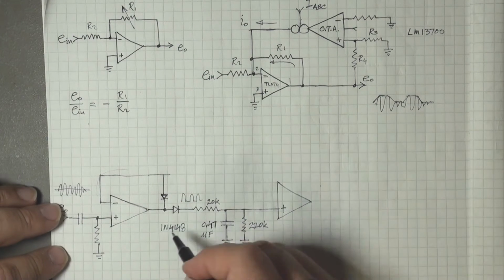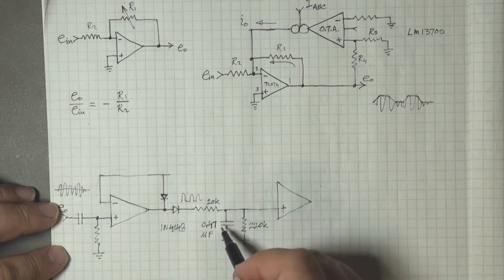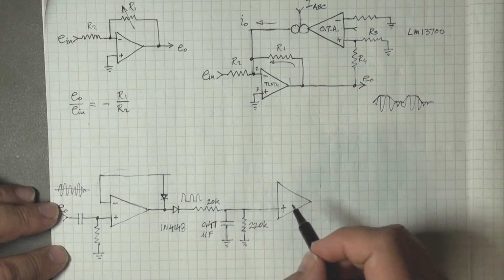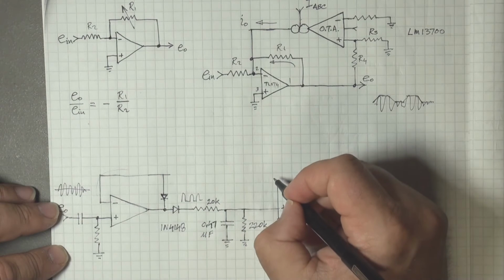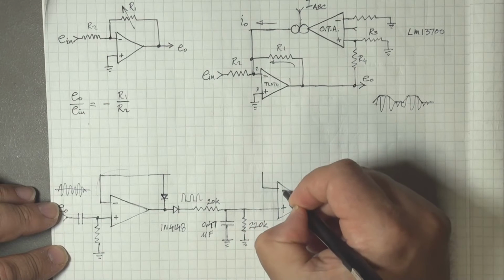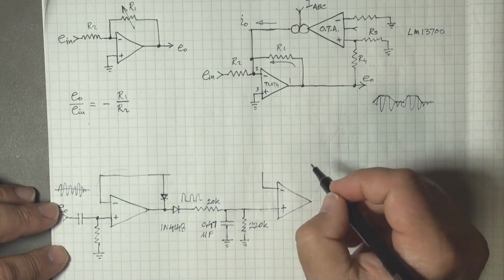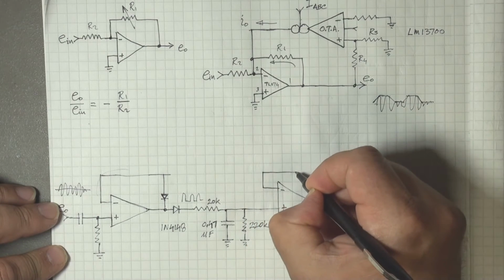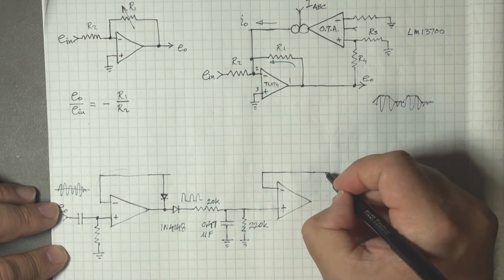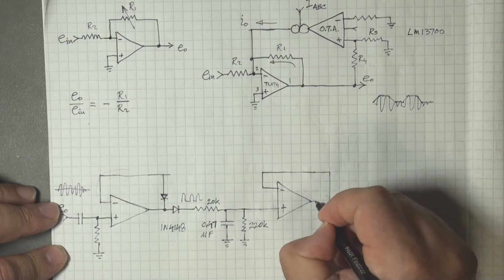So this is basically a positive peak detector circuit. We have an inverting input that we take the feedback directly from the output here.